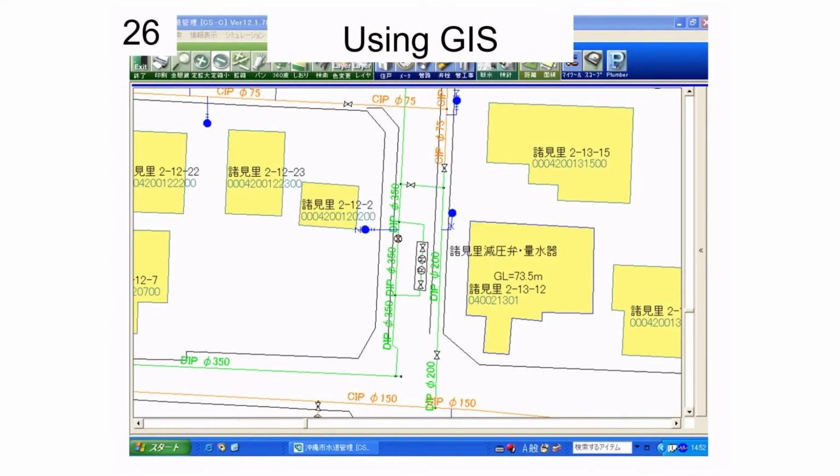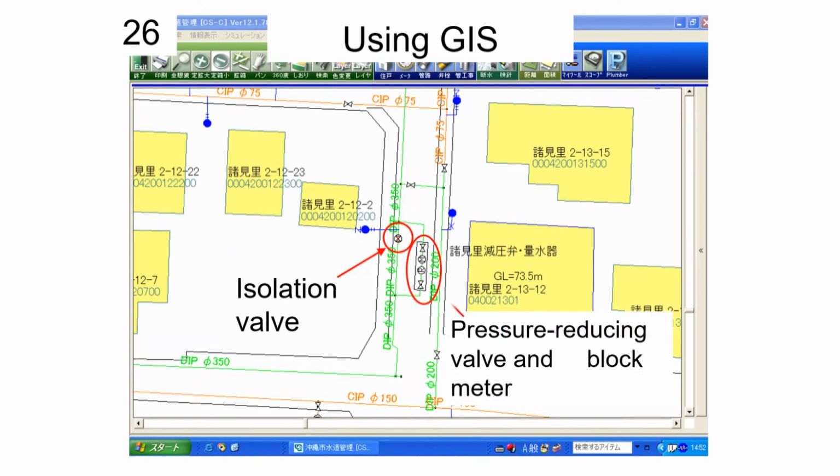We utilize Geographic Information System, or GIS, to manage location information of isolation valves, block meters, and pressure-reducing valves. Location of each household's meter and service pipes, as well as pipe type and diameter of distribution mains and laterals, installation year, and detailed plan can also be displayed.